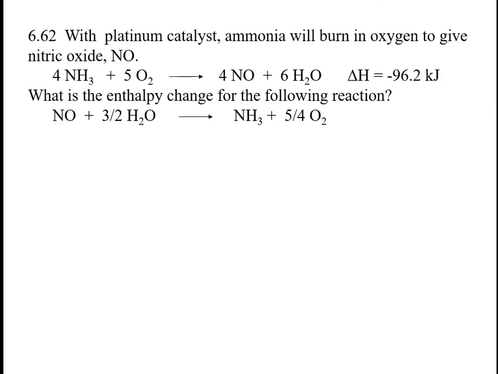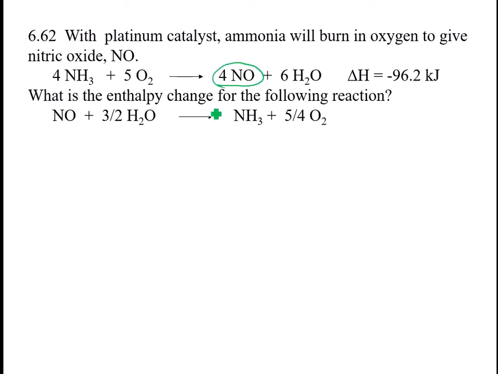Okay, I have another example. With a platinum catalyst, ammonia will burn in oxygen to give nitric oxide. So here's my reaction: 4 ammonias plus 5 oxygens goes to form 4 nitric oxides plus 6 waters. I didn't put the phase labels because you don't really need them. Delta H is a negative 96.2, so this is an exothermic reaction. What is the enthalpy change for the following reaction? Again, I can choose any species that I want. Just to show you, I'm going to choose NO this time.